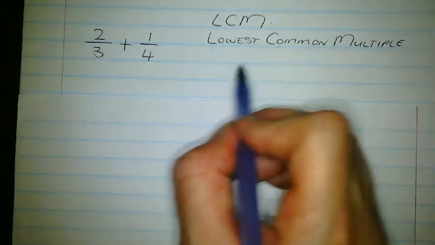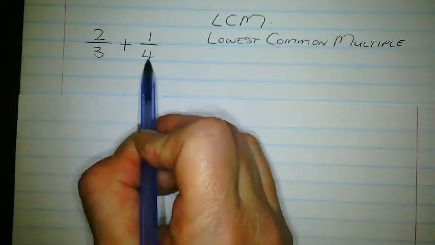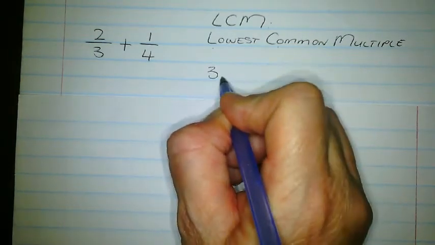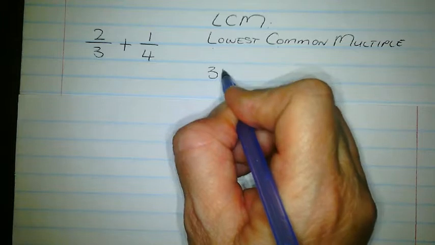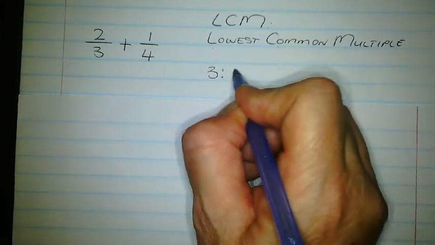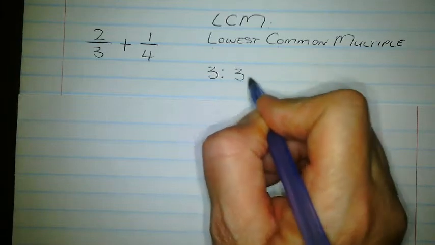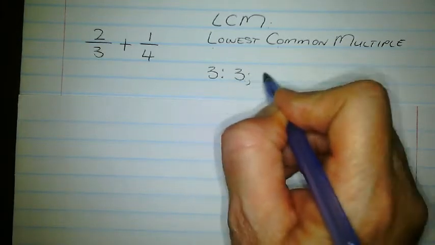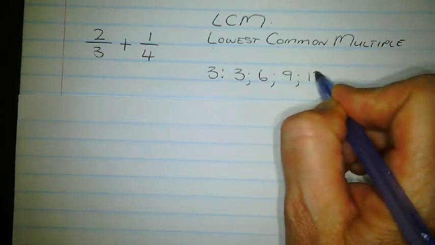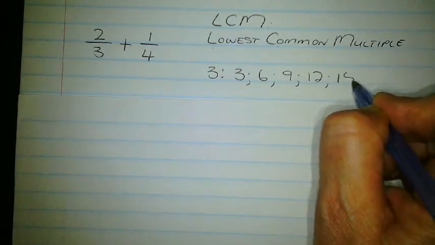Okay, to use the LCM, I'm going to look at the denominators, so it doesn't matter what order. I'm going to take the 3, use a colon sign, and then I do the multiples of 3. So my first denominator, I count in 3s: 3, 6, 9, 12, 15.